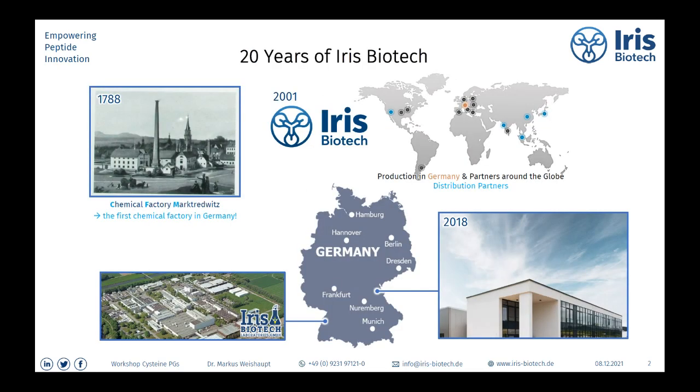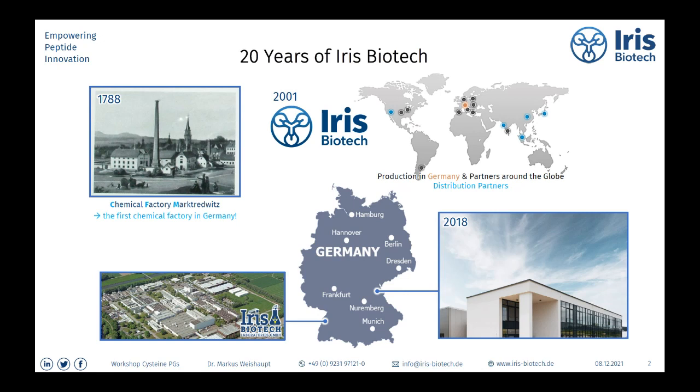But first of all, let me briefly say a few words about our company, Iris Biotech, for those of you who don't know us yet. Iris Biotech was founded in the year 2001, so this year actually marks our 20th anniversary. Our roots go back to the year 1788 to the chemical factory Marktredwitz, which is in fact the very first chemical factory in Germany.